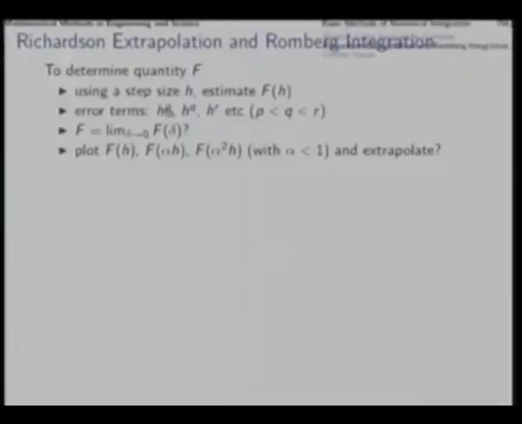The finer the step size that we take, the better the estimate that we will get. And if the error terms are h to the power p, h to the power q, h to the power r, etc., and if p, q, r have significant gaps, then we have a way to improve the estimates by leaps and bounds through every next calculation.